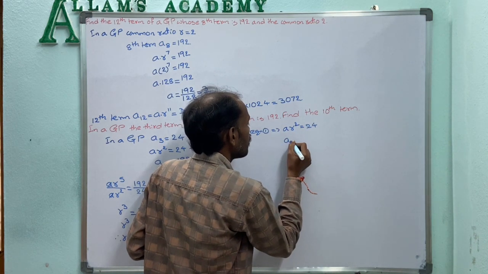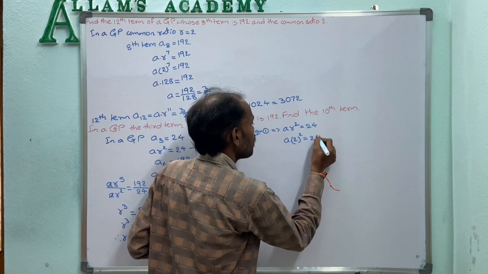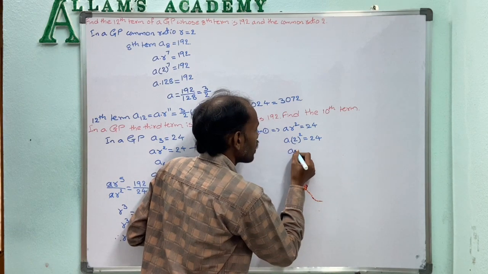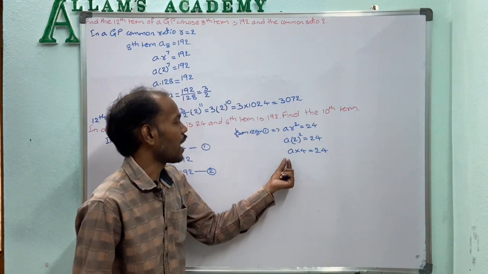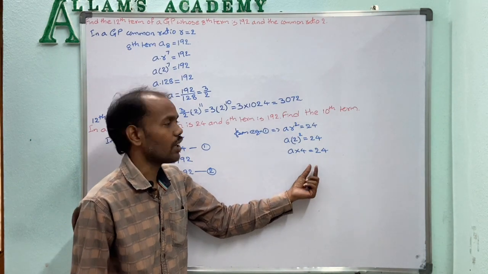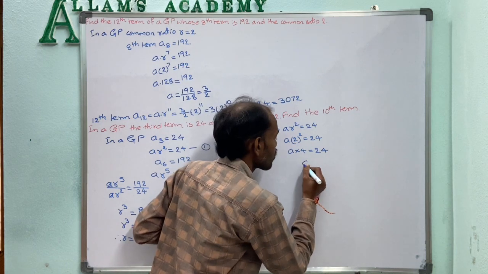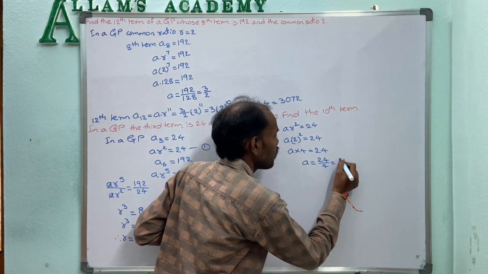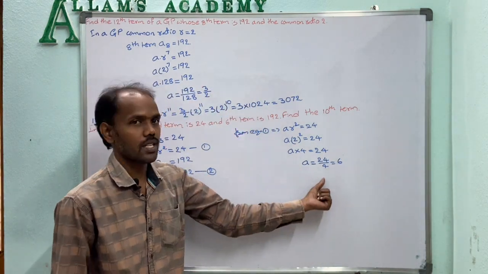Now a into 2 square is equal to 24. 2 square is 4. So a into 4 is equal to 24. Now this multiplication by 4 is transferring to the RHS, that is division. So a equal to 24 by 4, that is 4 6s are 24. So the first term of this geometric progression is 6.